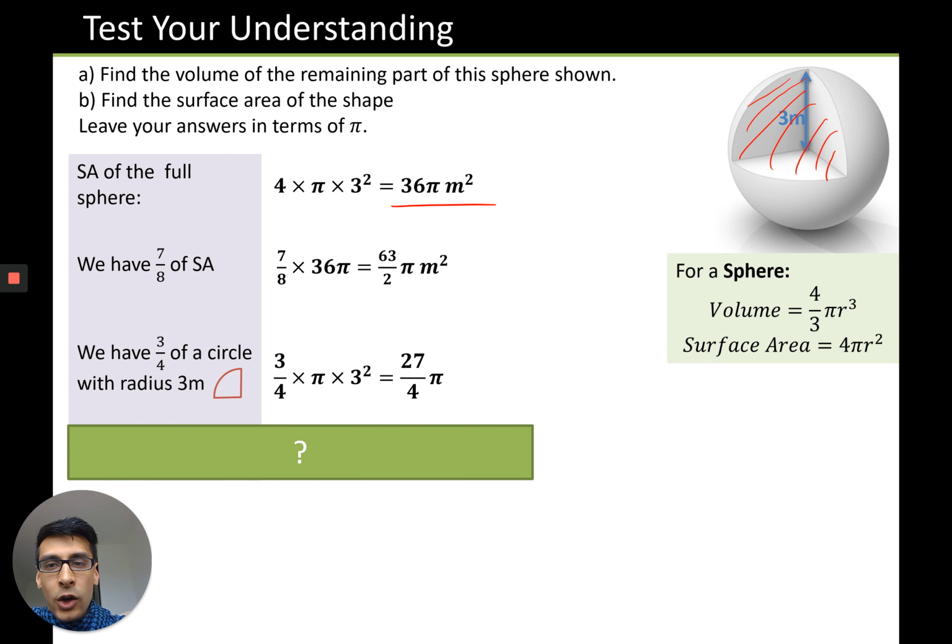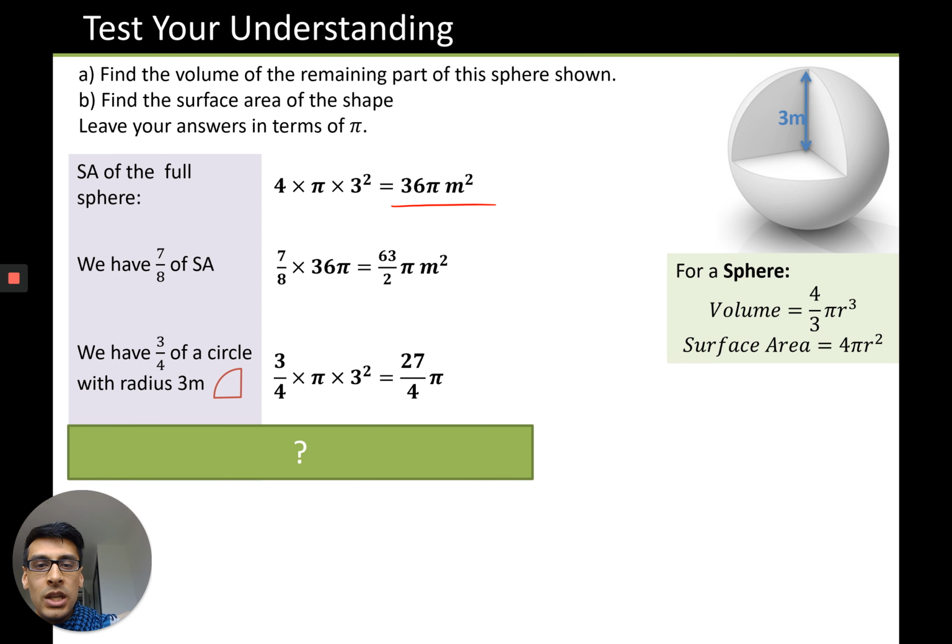And now this is the part which is important, which maybe you guys have forgotten accidentally: we also need to include the surface area of this section here, and this section here, because those areas have been exposed. Now, those three areas are just congruent to each other, so we really just need to work out one area and multiply it by 3.